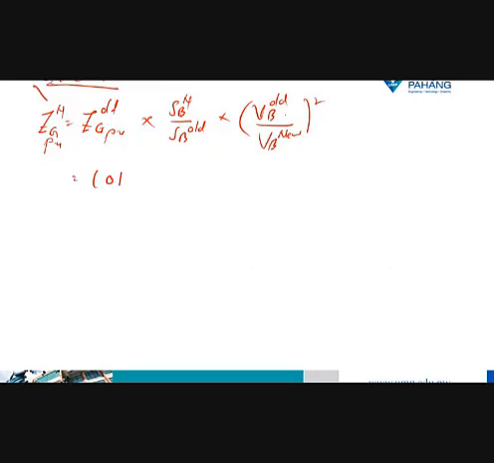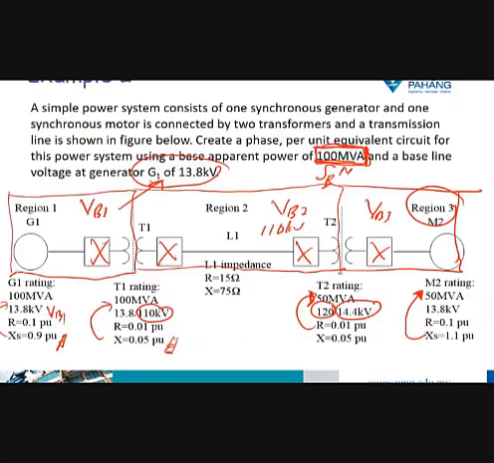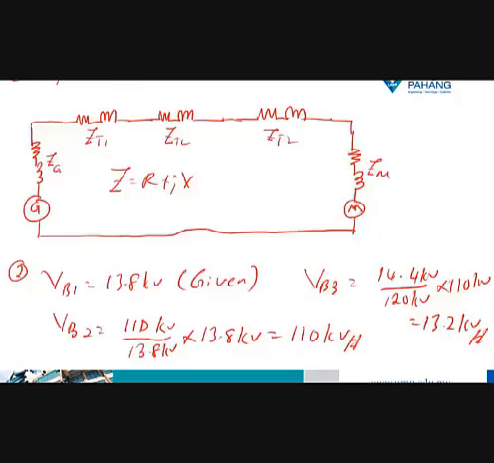So 0.1 plus j0.9 per unit times S base new. S base new is 100 MVA, which is given in the question. S base old is at the generator nameplate, which is also 100 MVA.